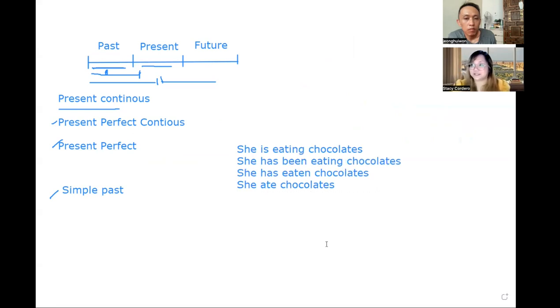Could you please read it all for me? She is eating chocolates. She has been eating chocolates. She has eaten chocolates. She ate chocolates. Okay, very good. Now, could you tell me the situation of these sentences?